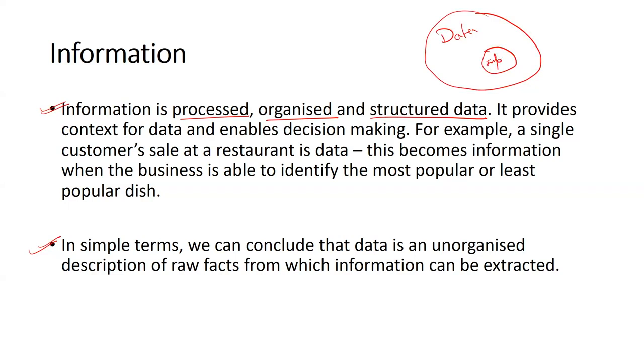Okay. So, what we can say, information is processed, organized, and structured data. Basically, if I process the data, organize it, and get it in a structured way, then it will become information. Okay, so that's how data and information work.